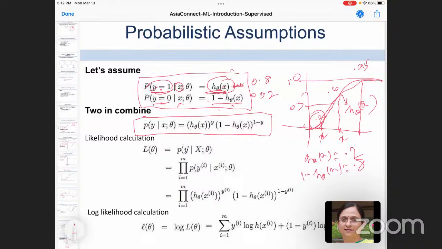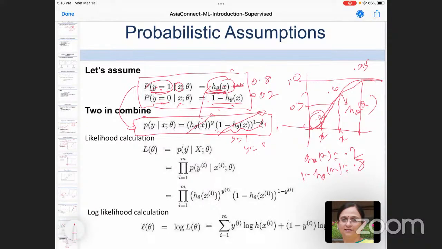You put y equal to 1 here, and this whole term becomes 1 to the power 0, so only this remains. If you put y equal to 0, this term becomes 1 and only the remaining term is this. So you can write these two equations using this one equation. This is our formulation.